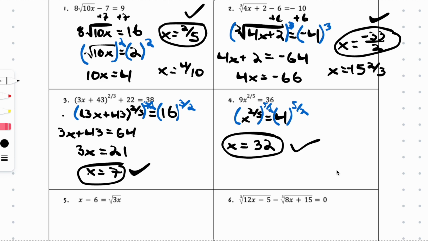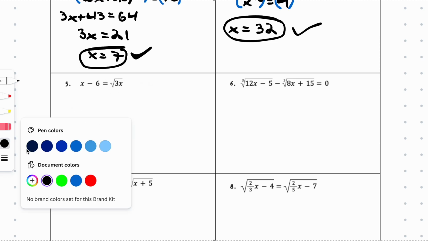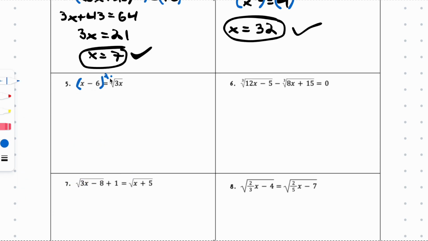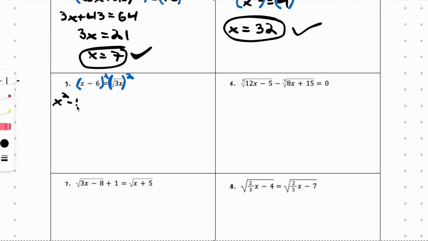Okay, great. Now let's move on to 5. So we have this radical isolated already, so we want to square both sides. And so when we square the left side, and you can FOIL this out, we're going to get x squared minus 12x plus 36.